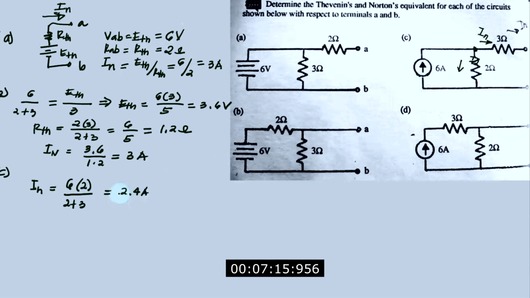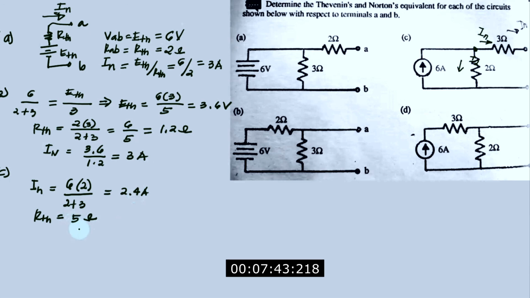Now for your R Thevenin, since this is a current source, instead of short circuiting this source, you have to open circuit it. When you open circuit this source, you will notice that 3 ohms and 2 ohms are in series. So R Thevenin is equal to 3 plus 2, which gives you 5 ohms.